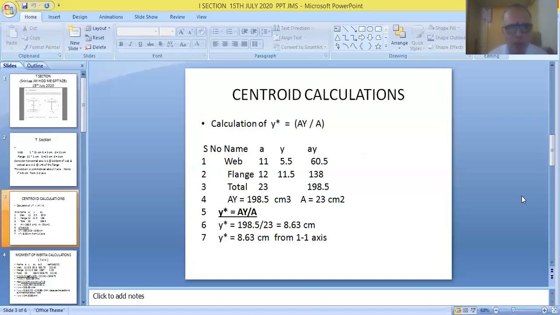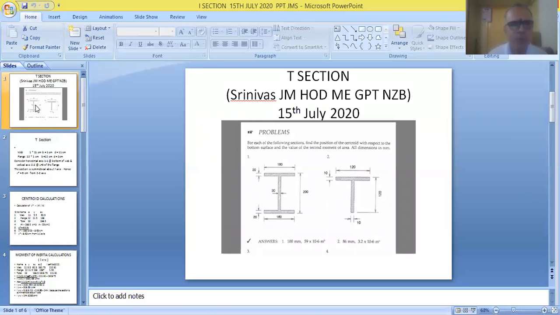We have only two components. The area of the first component, the web, is given as 11 centimeter square. The area of the flange is obtained as 12 centimeter square. Now, secondly, we have to take the Y values for these components, taken as 50% of the vertical distance.